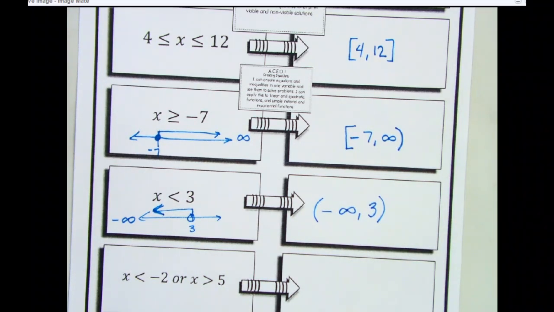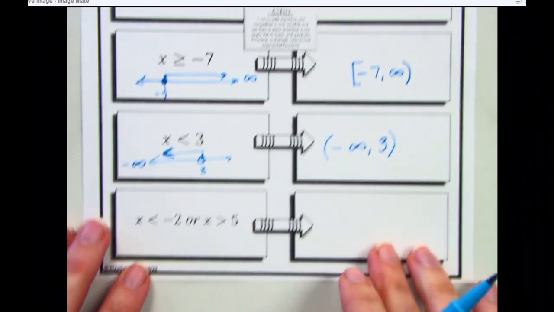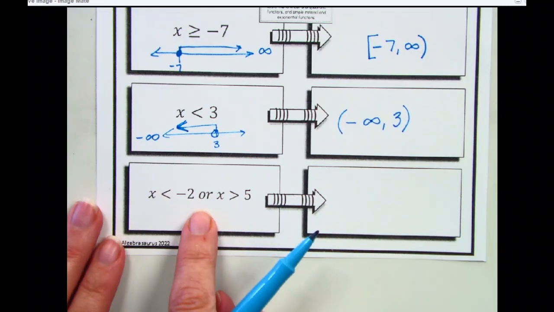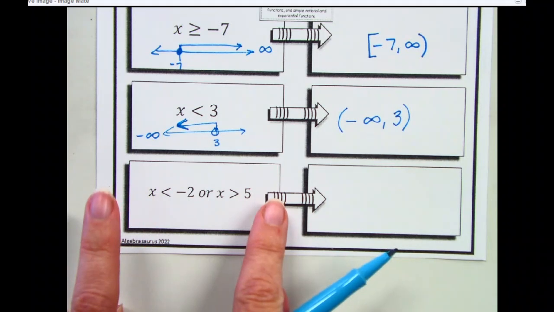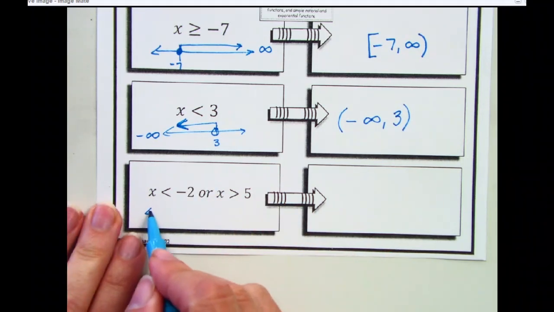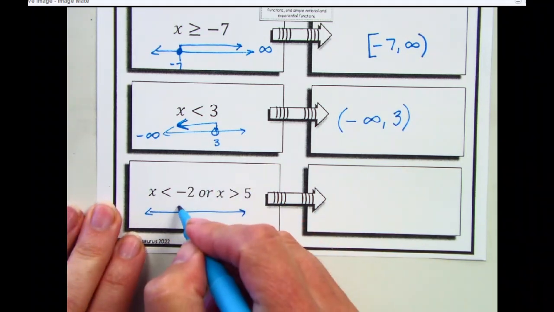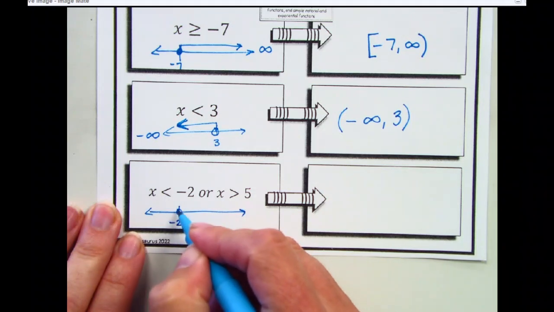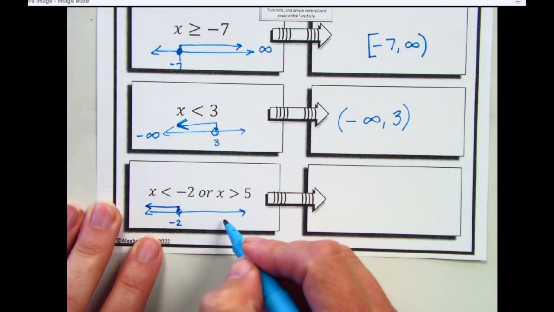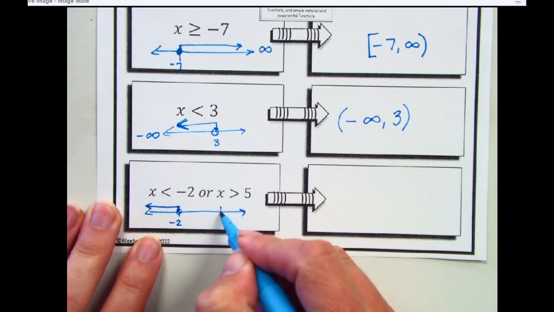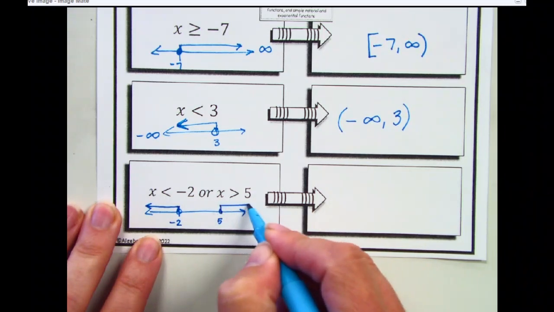All right, here comes the U. I was promising you it was coming. Let's graph this one. It definitely has two numbers. But I've got this whole OR, and X is showing up twice. So let's just look at it visually for a second. Here's -2, and it goes this way, right? But then I have 5, and it's going this way.